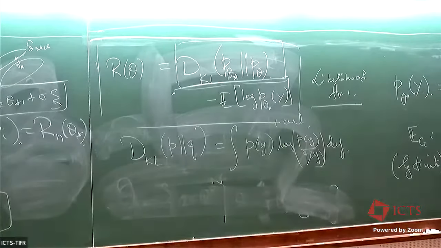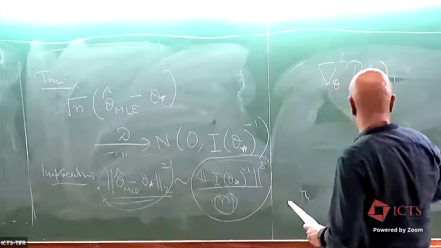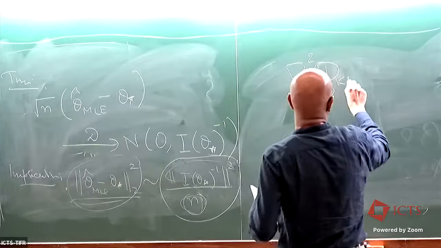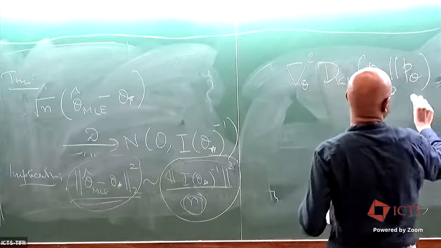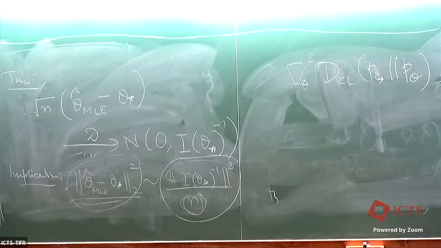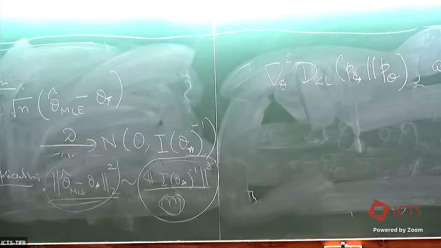I hope I have convinced you that what we are really interested in is the behavior of the Hessian of the Kullback-Leibler divergence between p theta star and p theta at or near theta equal to theta star. Okay, so this is what we are interested in.